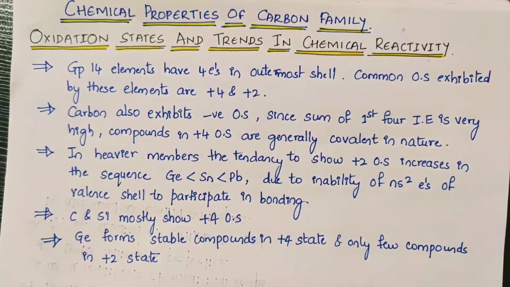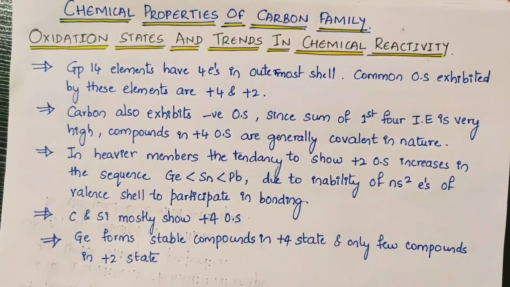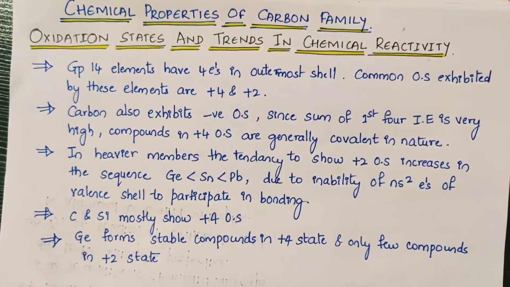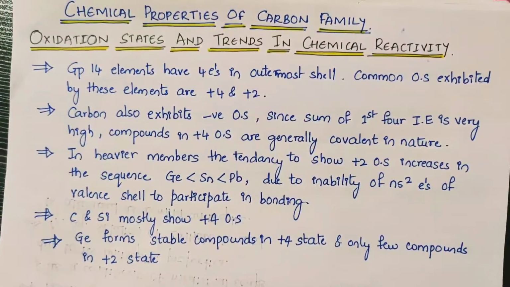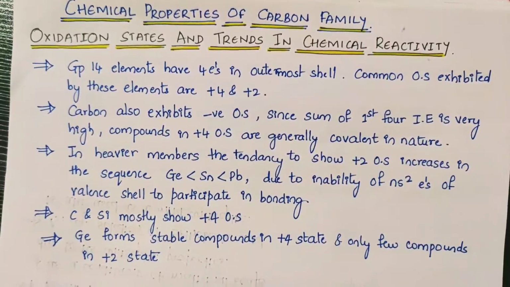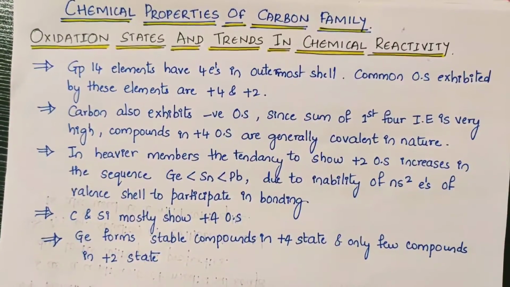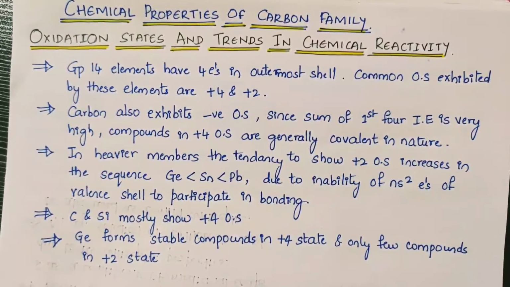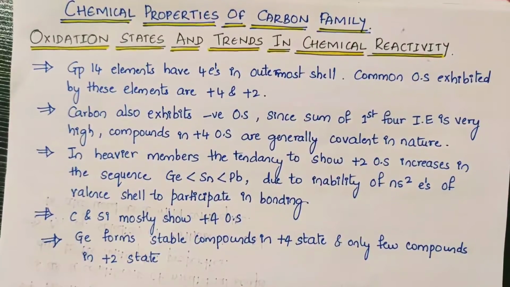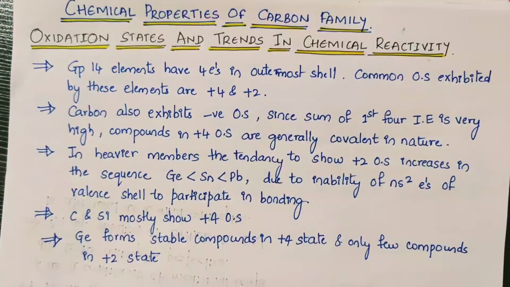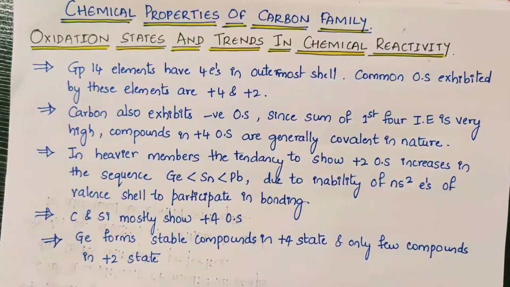Compounds of group 14 elements which show an oxidation state of +4 are expected to be covalent in nature, because of their extremely small size and high charge, whereas compounds which show an oxidation state of +2 are expected to be ionic because of large size and small charge.